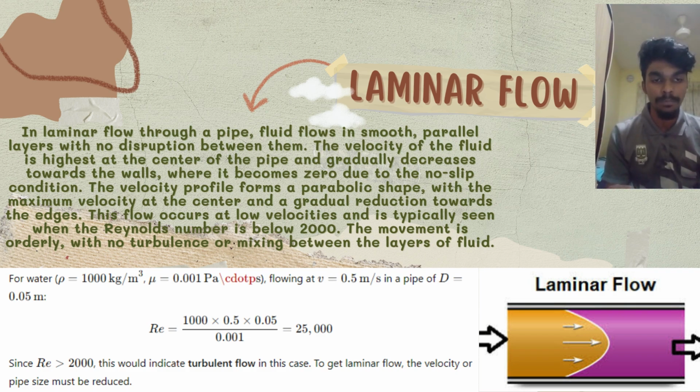Inserting the numbers in the Reynolds number formula, Re equals 1000 times 0.5 times 0.05 over 0.001, which equals 25,000. Since the Reynolds number is more than 2000, this indicates turbulent flow in this case. To get laminar flow, the velocity in the pipe must be reduced. So the example diagram of laminar flow is this.